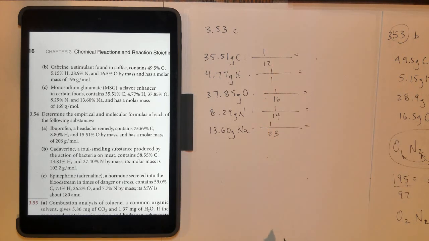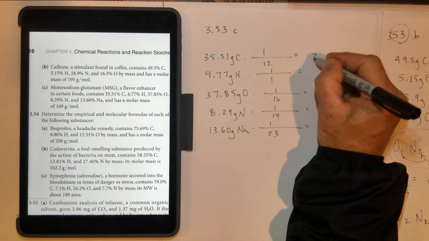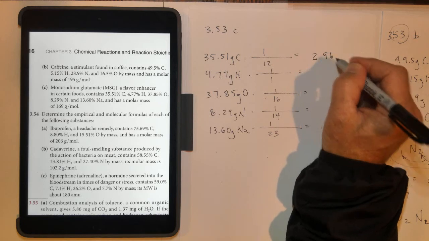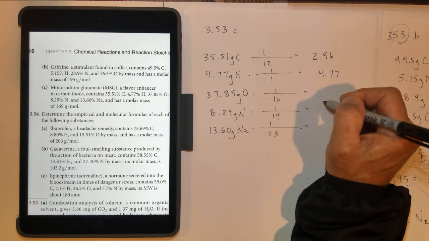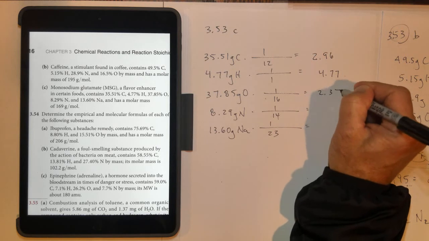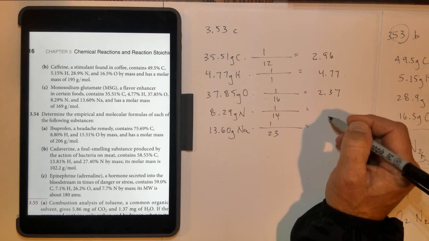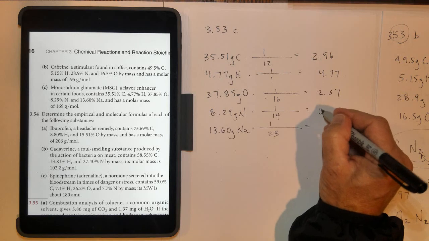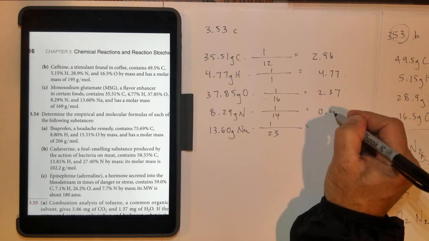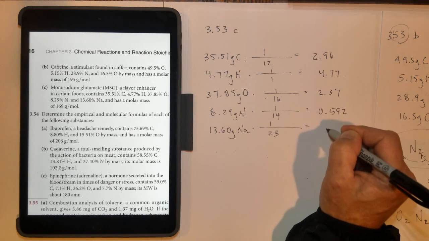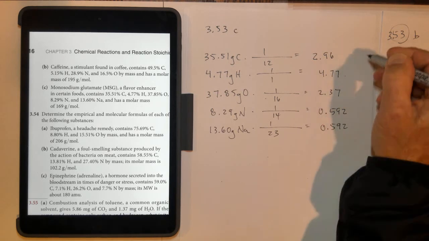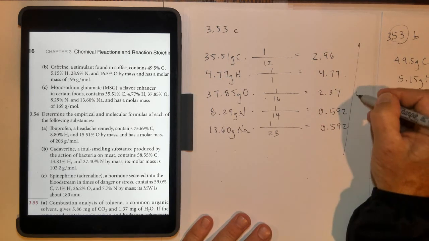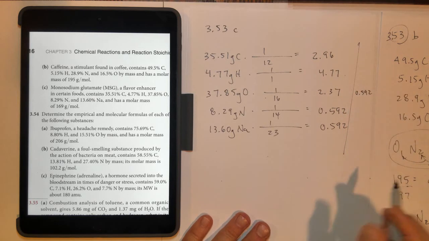Do the math on your calculator, and we end up with carbon being 2.96, hydrogen being 4.77, oxygen being 2.37, nitrogen being 0.592, and sodium being 0.592. Divide by the smallest. We take each one of these and divide it by 0.592.